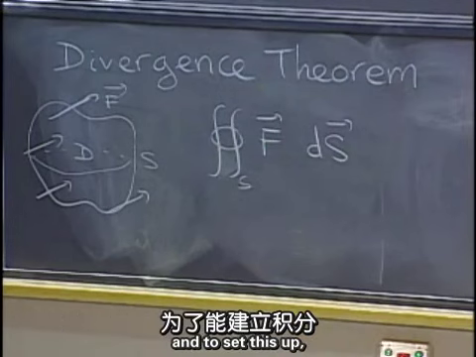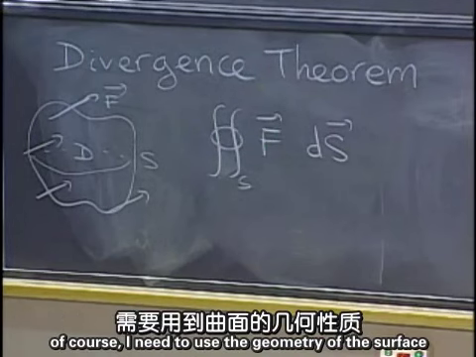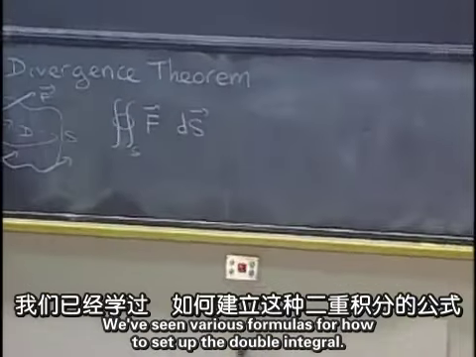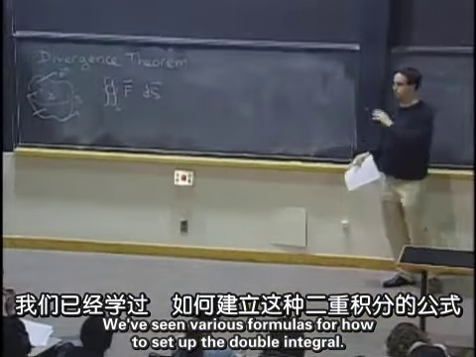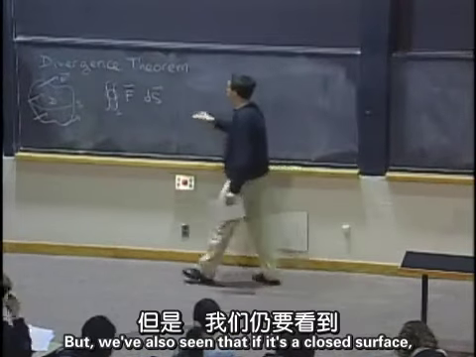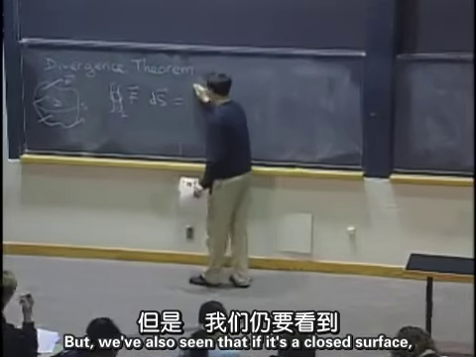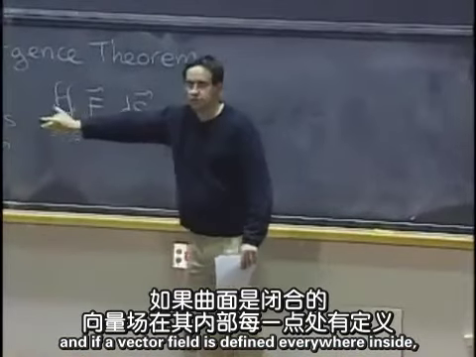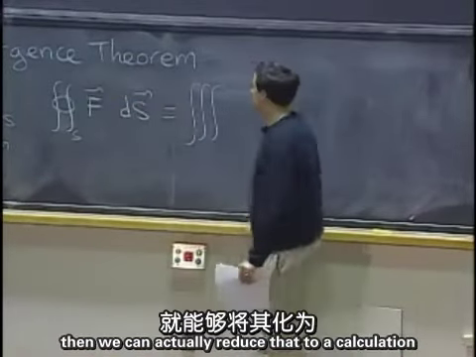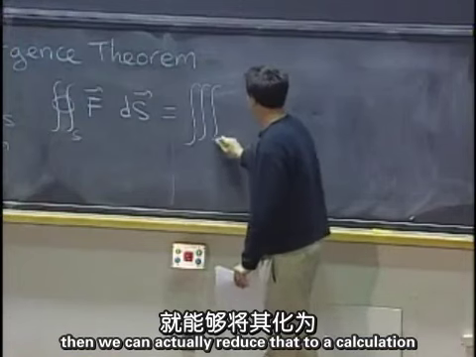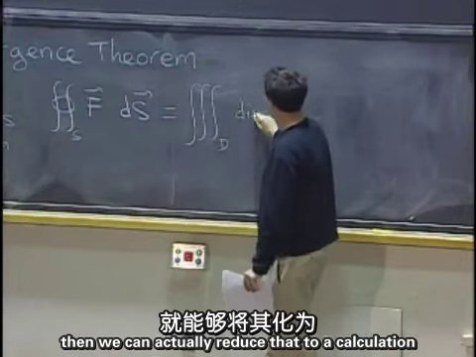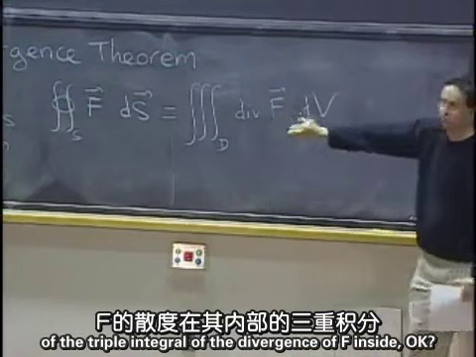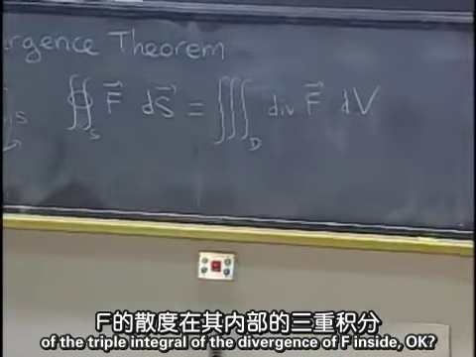And to set this up, of course, I need to use the geometry of the surface, depending on what the surface is. We've seen various formulas for how to set up the double integral. But we've also seen that if it's a closed surface and if the vector field is defined everywhere inside, then we can actually reduce that to a calculation of a triple integral of the divergence of f inside.